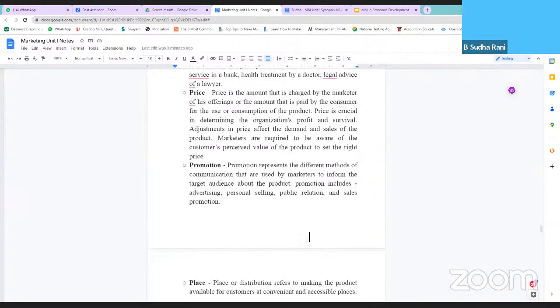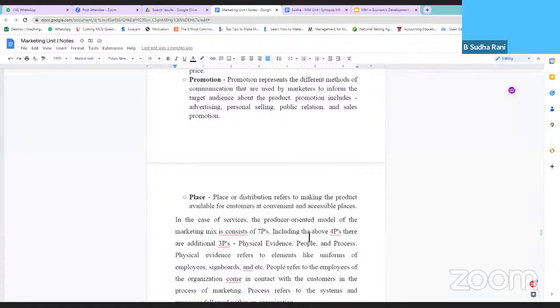The next one is promotion. The product has been created, developed, various dimensions have been considered, and due care has been taken. But unless you promote your product, that is, bring awareness among the public about the availability of the product, you cannot sell it. So it is important to communicate to your customers about the availability of the product from your side.